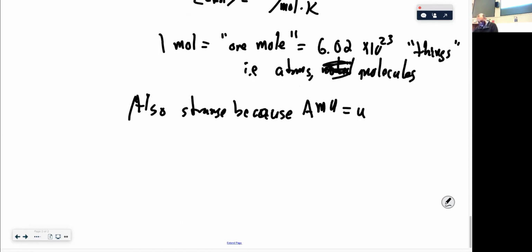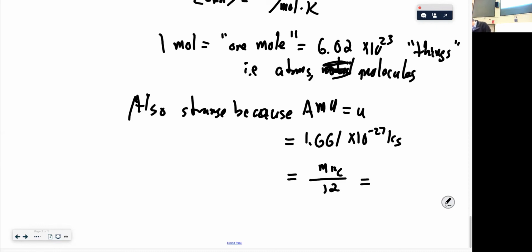Atomic mass units, or just U, is 1.661 times 10 to the negative 27 kilograms. And that's equal to the mass of a carbon-12 nucleus divided by 12. It's also equal to 1 gram divided by 1 mole.